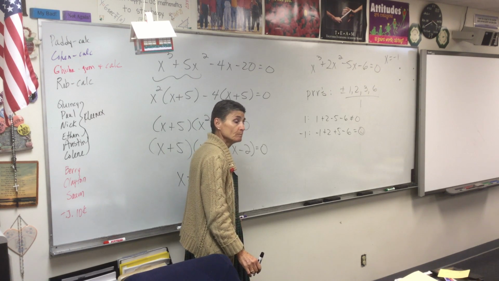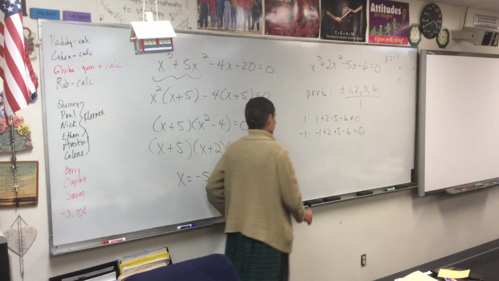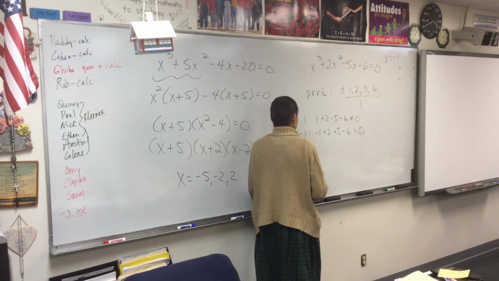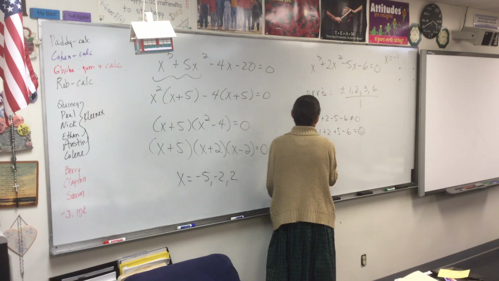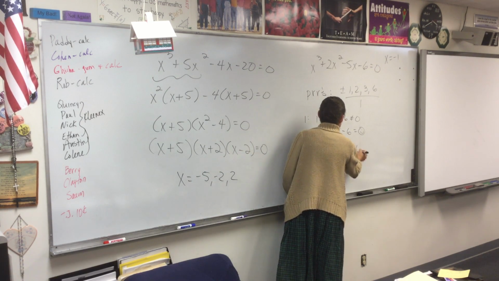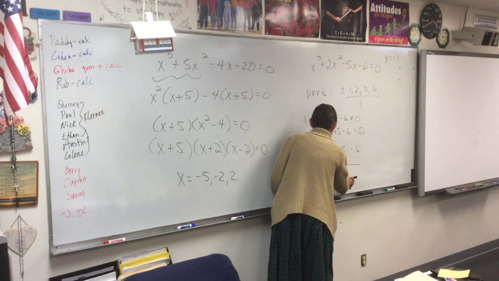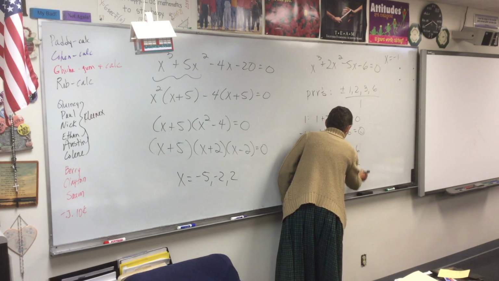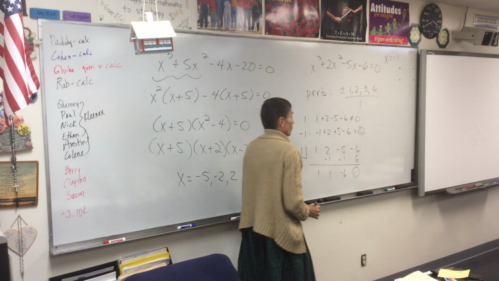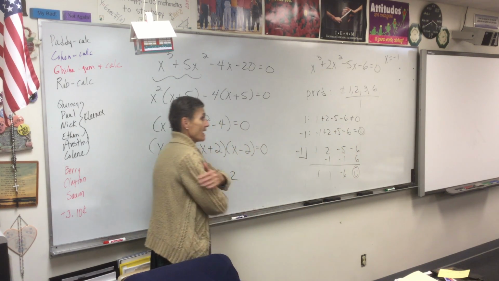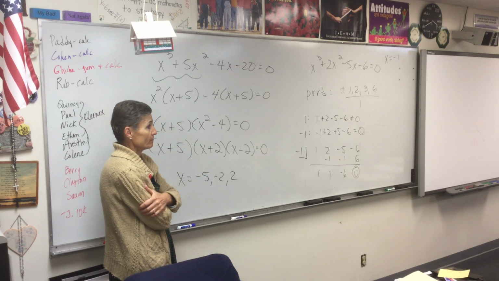What do I do now? I divide it out. So here's my -1. There are my coefficients. There's my remainder of 0, which I knew I had to get when I did my division.